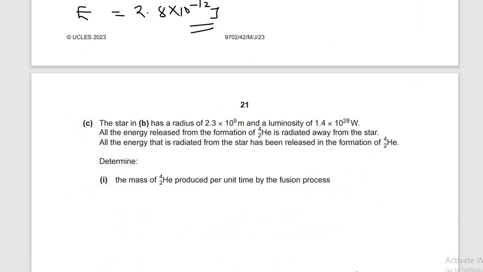Now question C. The star in B has a radius of 2.3 times 10 to the power 9 meter and a luminosity L. All the energy released from the formation of helium is radiated away from the star.